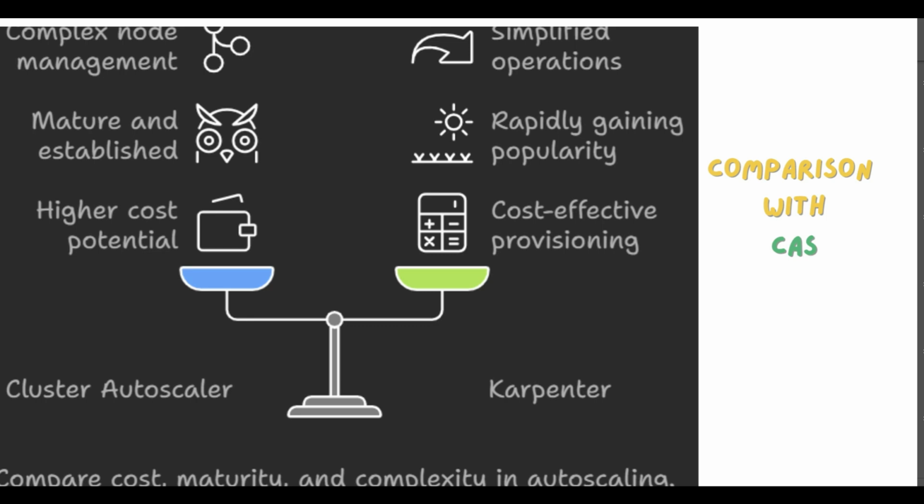And Karpenter optimizes the cost by provisioning right-sized instances and effectively utilizing spot instances, selecting the most cost-effective options that meet the workload requirements. It also provides intelligent fallback strategies, launching on-demand instances when spot availability is low, basically ensuring continuous application uptime.